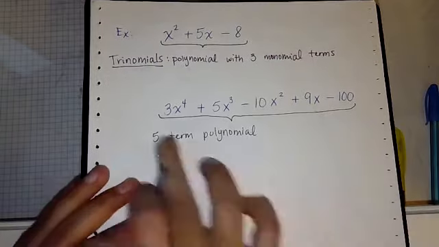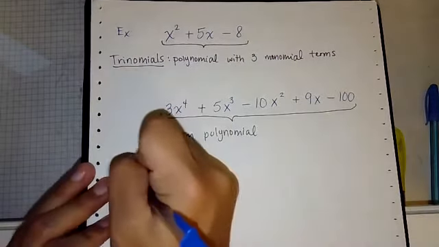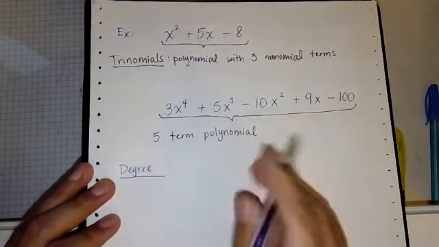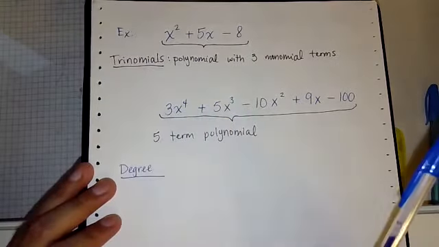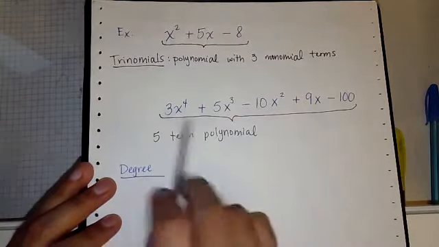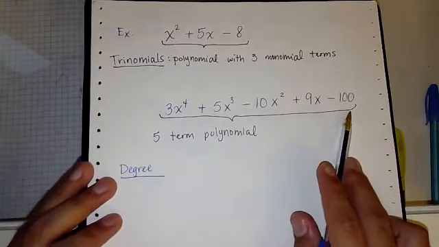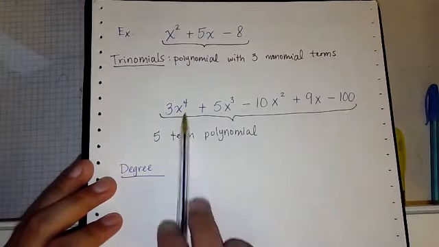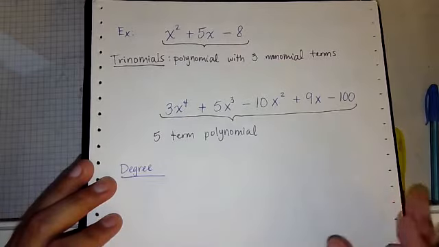Okay. But now, when we think about the idea of degree, we said that the degree of a monomial is the exponent on that monomial, right? But if we have a polynomial with many terms, we need to think about what is the degree of this polynomial, right? Because we have a lot of exponents to choose from.